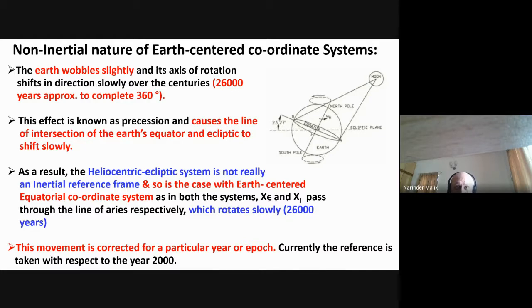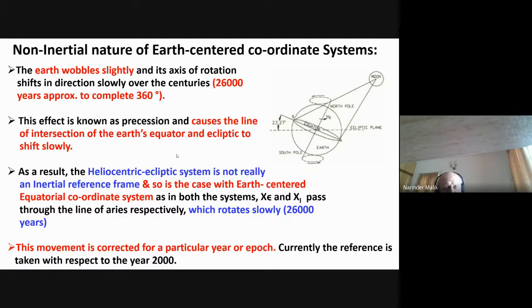So what it means is the position of the line of Aries is changing. Though this change is very small, 360 degrees in 26,000 years is very, very small, we have to take that into consideration. Because of this motion, neither the heliocentric ecliptic plane is fixed, nor the equatorial orbit.